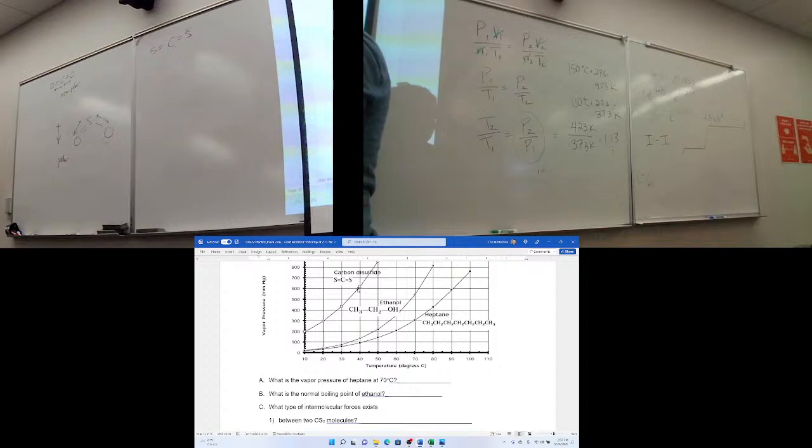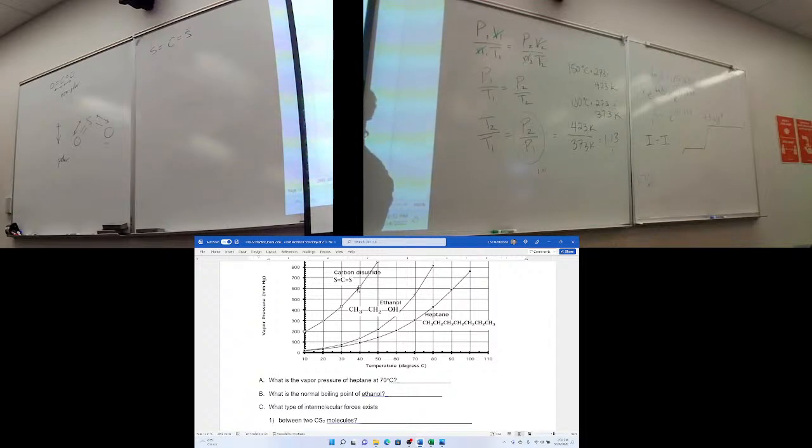The normal boiling point is when the vapor pressure matches the atmospheric pressure. So the normal boiling point of carbon disulfide, at 760, is 46, 47 degrees. But that's if I have a vial of this out on the bench top at regular pressure.